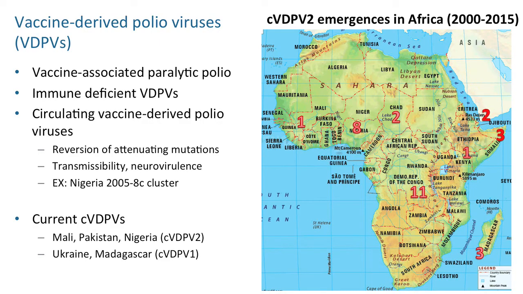And this map shows the number of emergences of circulating vaccine-derived polioviruses of type 2 only that have happened in the last 15 years. And you know there's been quite a few, geographically broad. The biggest centers have been Nigeria and Congo, and some have lasted for 10 years. In Nigeria specifically, there's a cluster which hasn't been seen since last year, but is 10 years old.